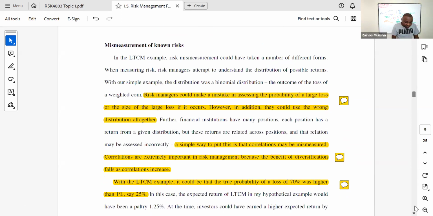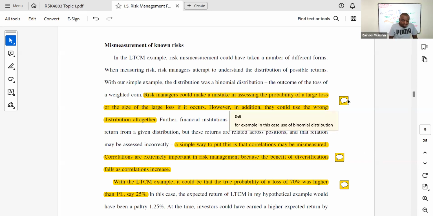Looking at the first one, mismeasurement of known risks. They say risk managers could make a mistake in assessing the probability of a large loss or the size of the large loss if it occurs. In addition, they could use the wrong distribution altogether.